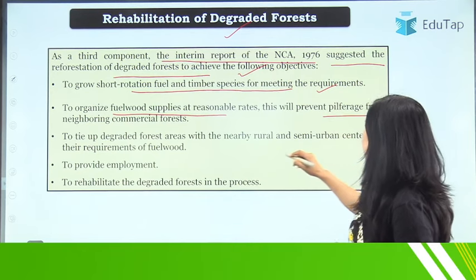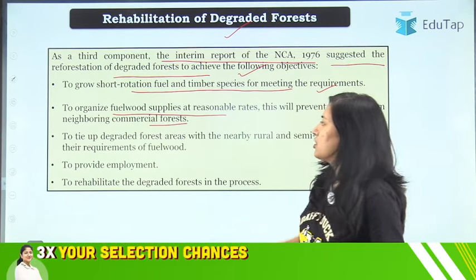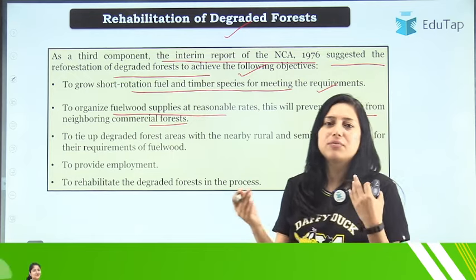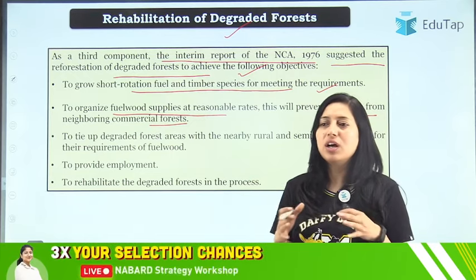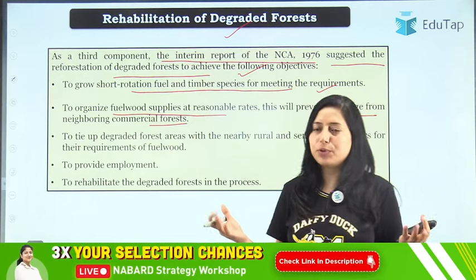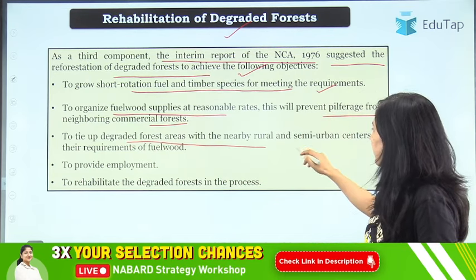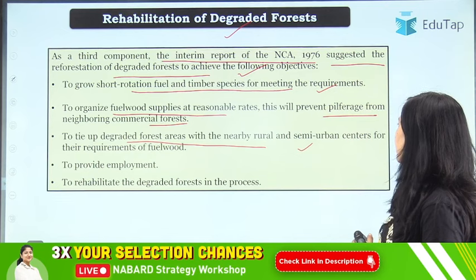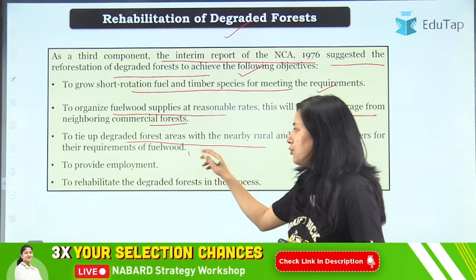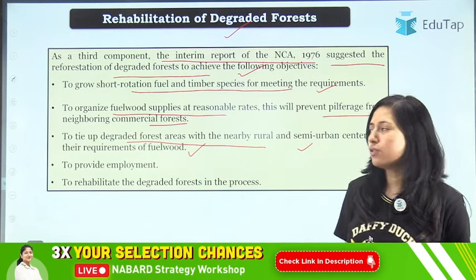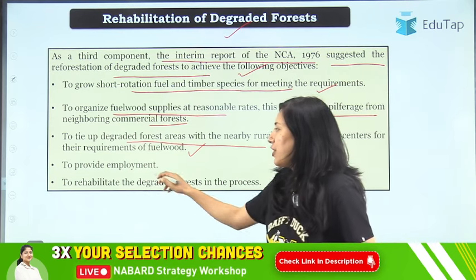This will prevent pilferage from neighboring commercial forests. Now what will happen from this? There will be no issue, there will be no dispute within the communities. Then, to tie up the degraded forest area with the nearby rural and semi-urban centers for the requirement of fuel wood. Again, they can be used for the purpose of fuel wood. Then to provide employment.